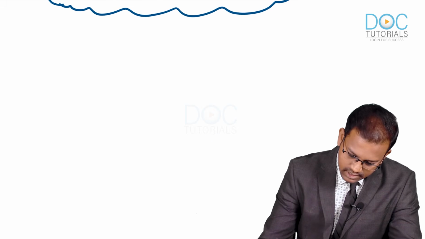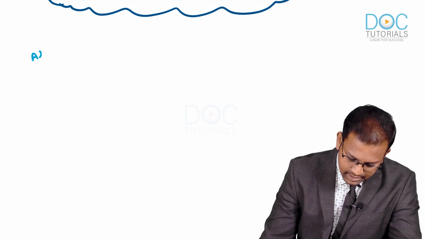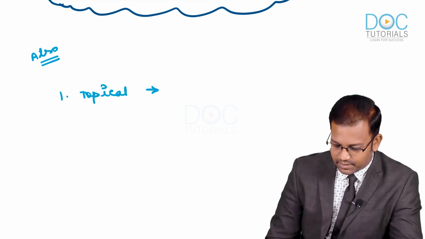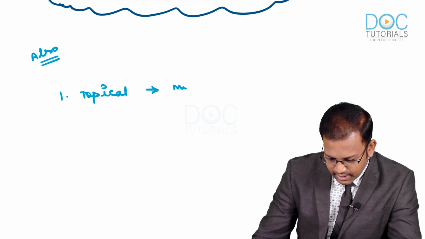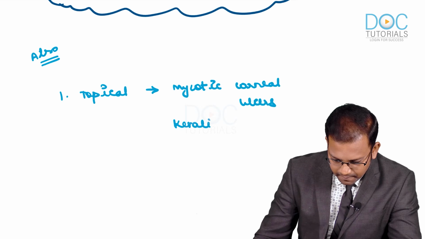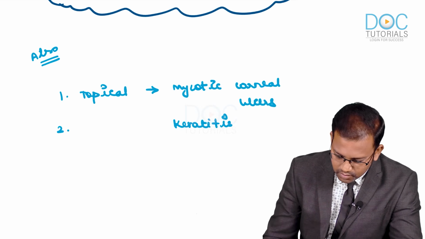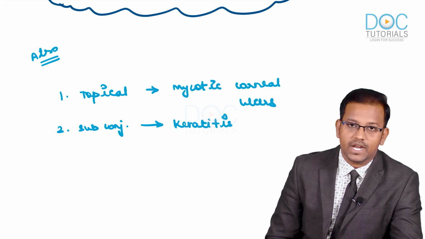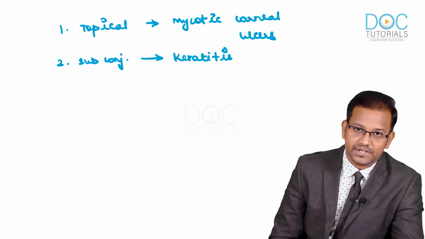And what are the different routes of administration and other important points about amphotericin B? The first one, we have topical amphotericin B. It can be used for mycotic corneal ulcers and also keratitis. Not only that, we have subconjunctival injections too, which can also be utilized for keratitis infections.